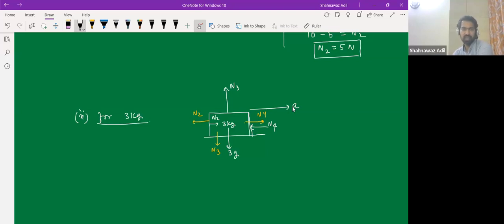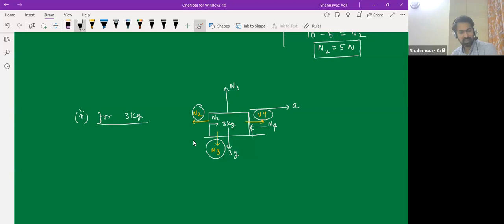Yes, sir. So we have to neglect this one and this one in the free body diagram. Why? Sir, they are not acting. The bodies are acting at that area. Yeah, because this is applied by the object or by the body, right?